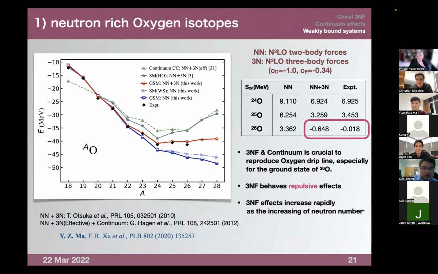So maybe I just address the question to the speaker, also Vitek, since Vitek brought this up. What actually is the traditional approach to recalibrate interaction on a changing basis in all these exponential Berggren basis calculations? Sorry, can you repeat it? Okay, yeah.